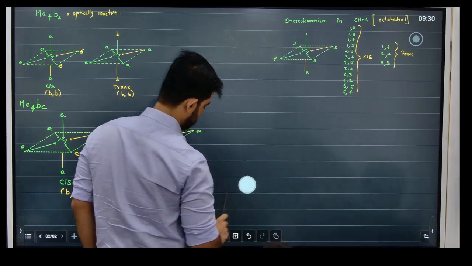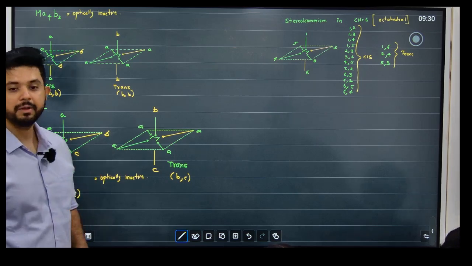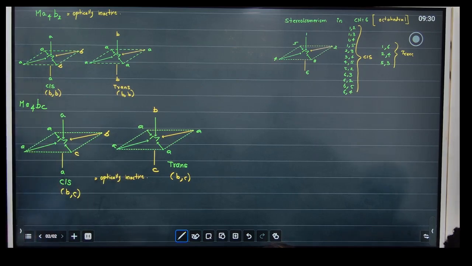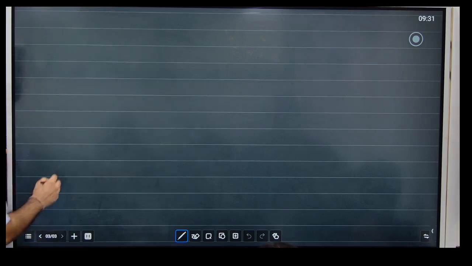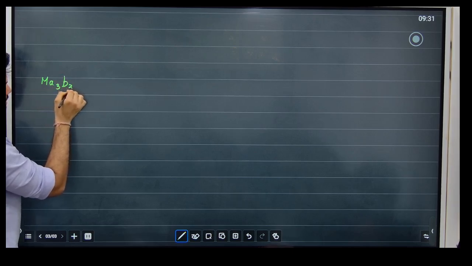Okay. Now we started with MA4B2, MA4BC. What will the next one be? Excellent. MA3B3. Then B3 is going to become B2C.